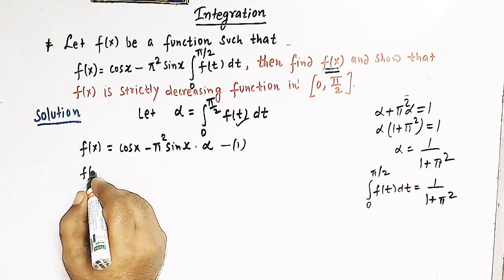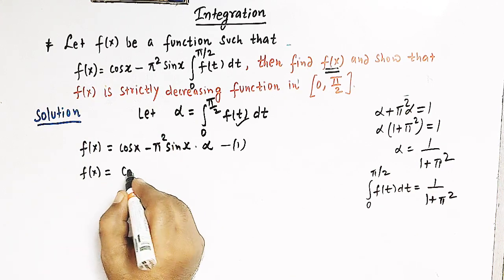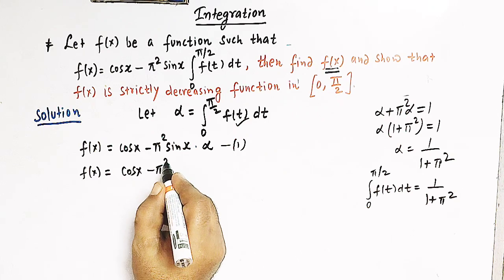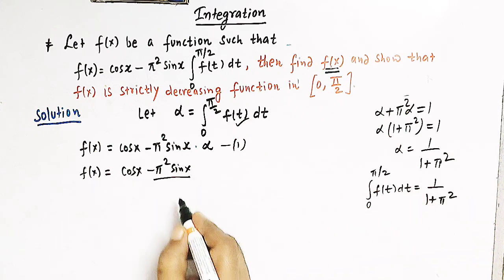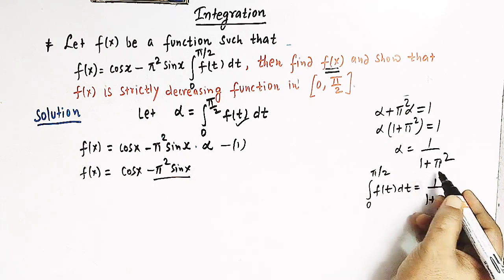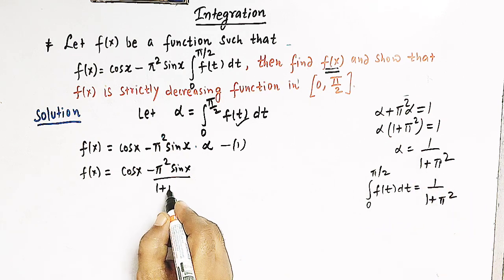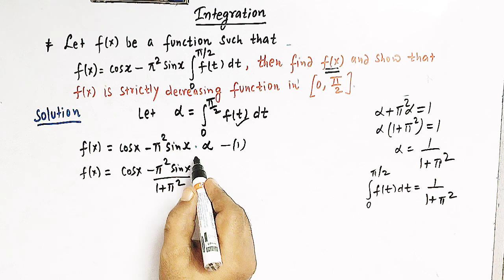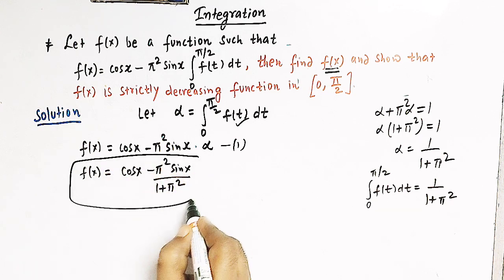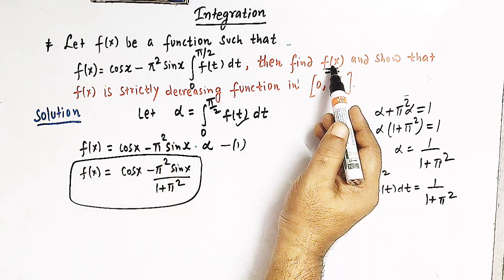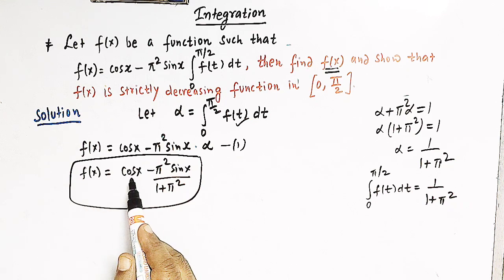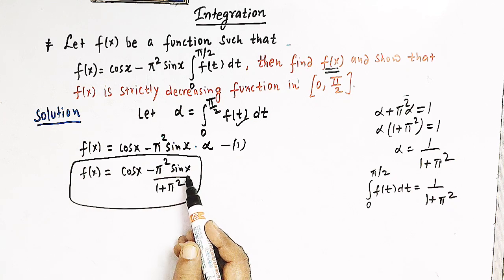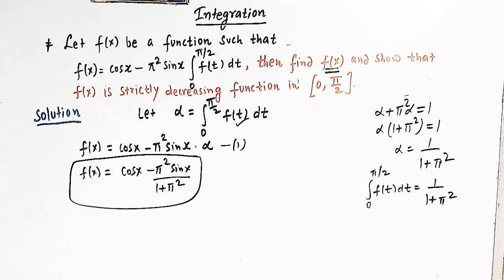So we have f of x is equal to cos x minus pi square sine x, and here we have alpha is equal to 1 over 1 plus pi square. Right. So this is the required form of the function f of x. So f of x is defined as cosine x minus pi square sine x over 1 plus pi square.